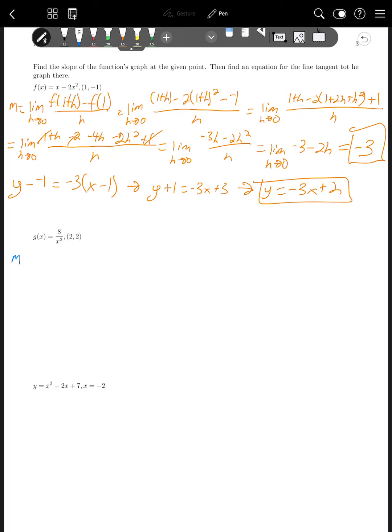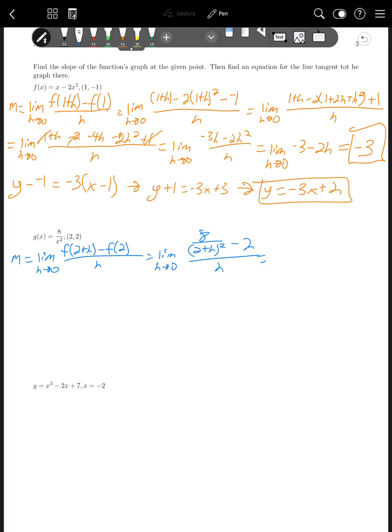Okay, so we've got our slope equals the limit as h approaches 0 of f of 2 plus h minus f of 2 all over h. So the limit as h approaches 0 of 8 over 2 plus h squared minus 2 all over h.